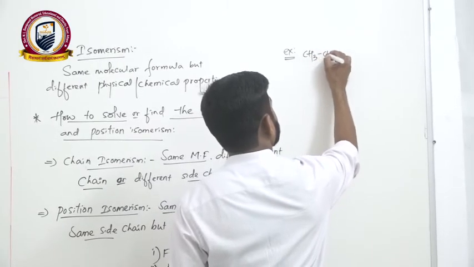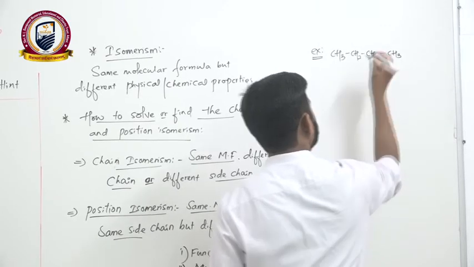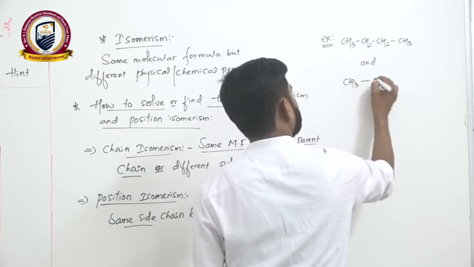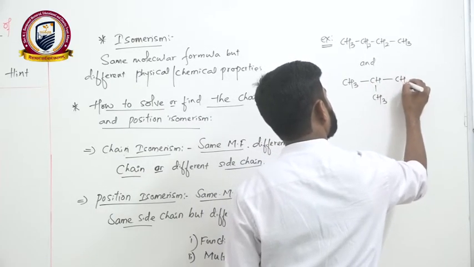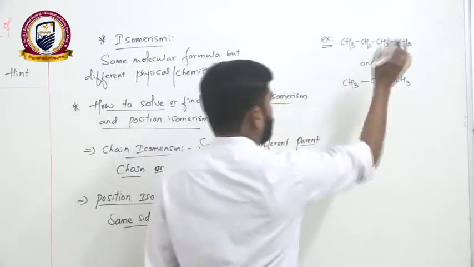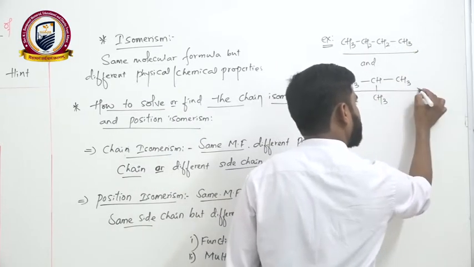For example, I'll write CH3CH2CH2CH3 and CH3CH(CH3)CH3. Look at these two compounds. You can do the numbering. This will be the parent chain and this will be the parent chain.